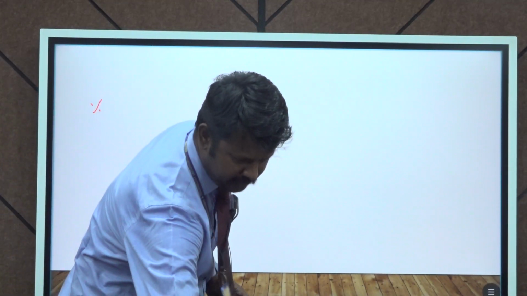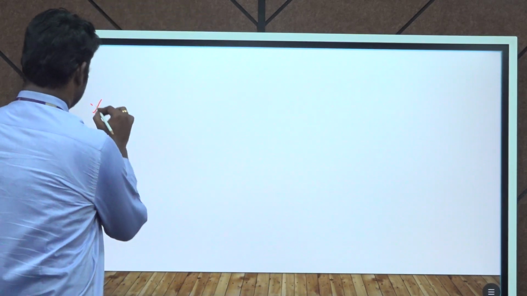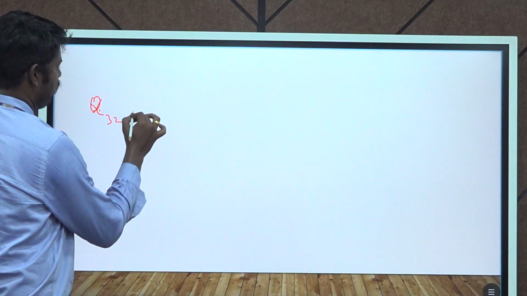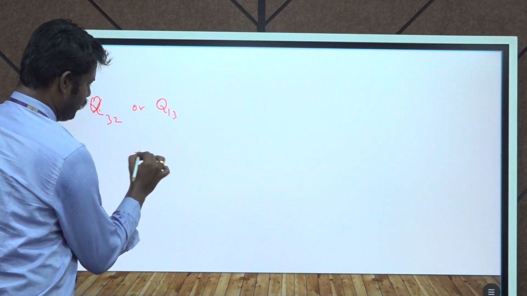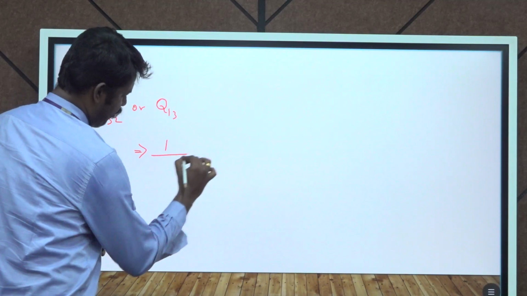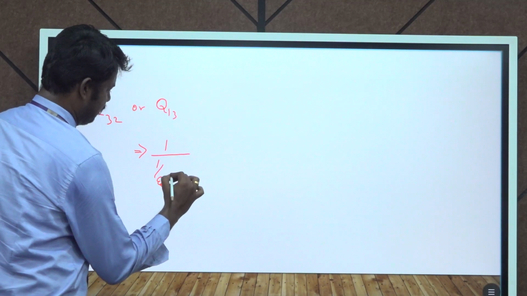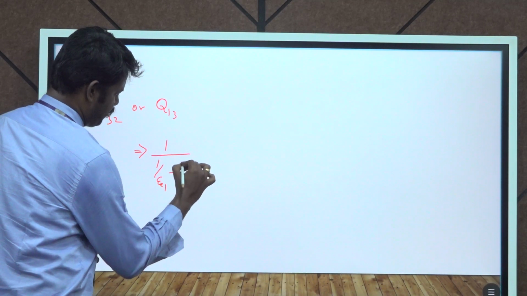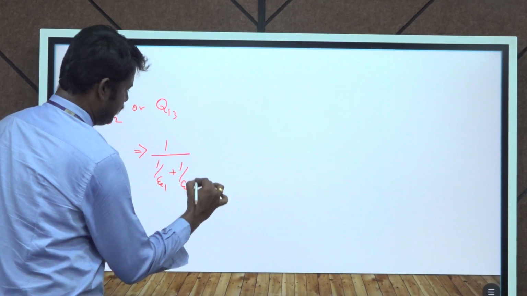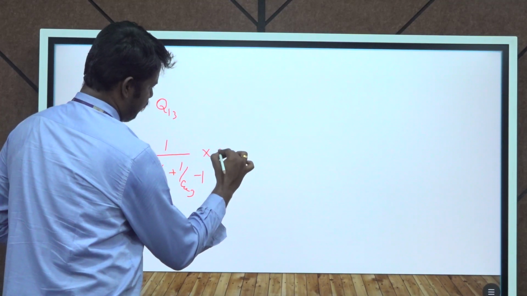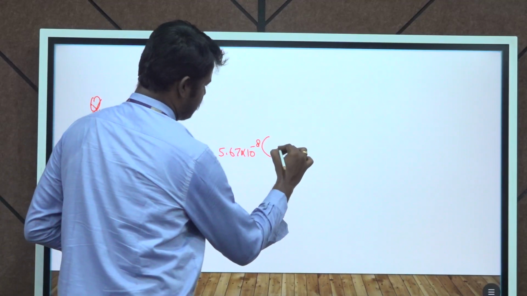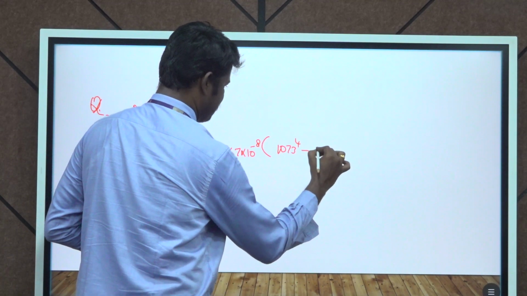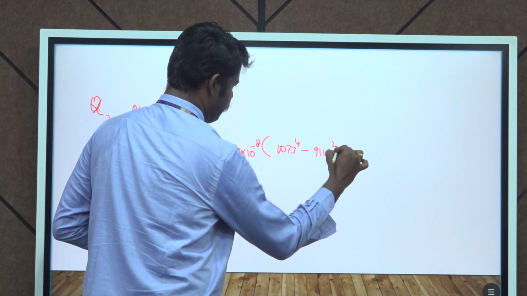Before that, we have to find Q32 or Q13, which equals 1 divided by 1 by epsilon 1 plus 1 by epsilon 3 minus 1, into 5.67 into 10 to the power minus 8, into T1 1073 power 4 minus 911.4 power 4.